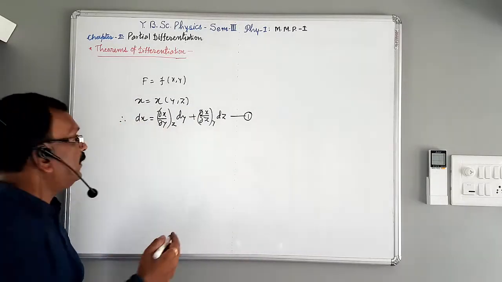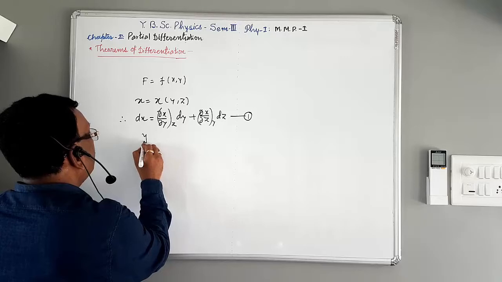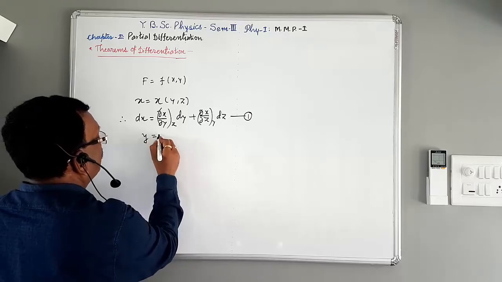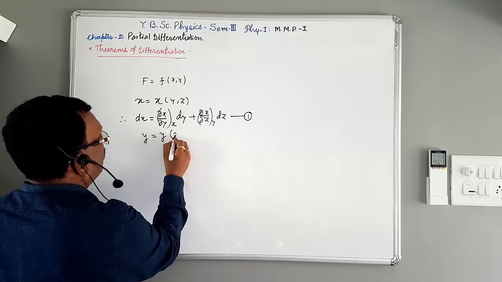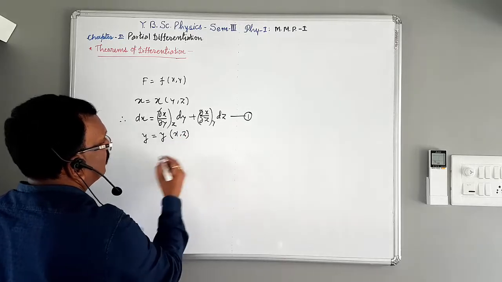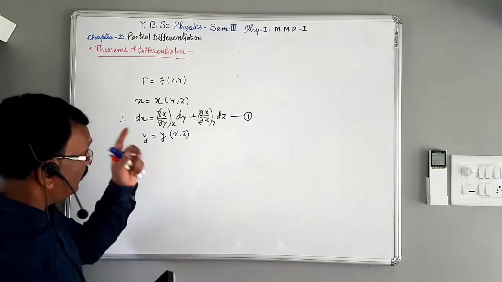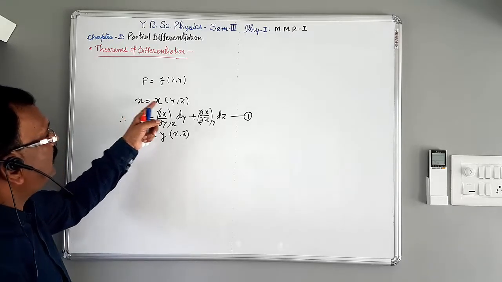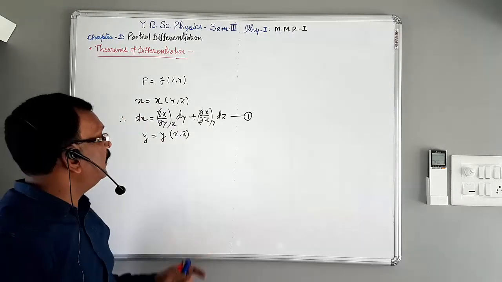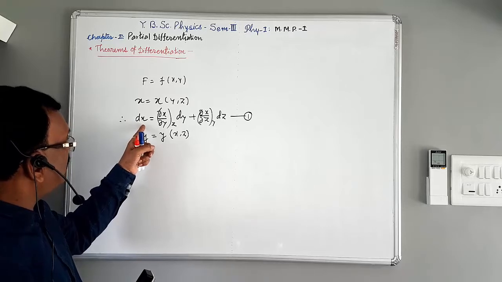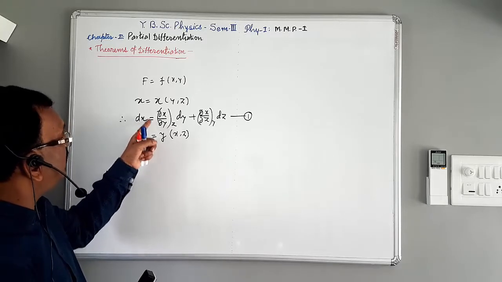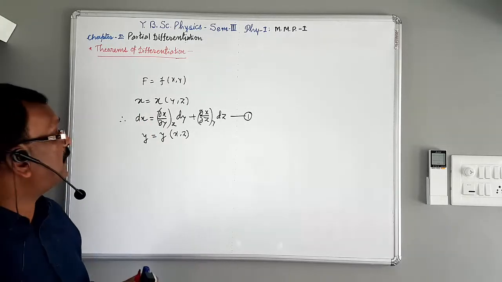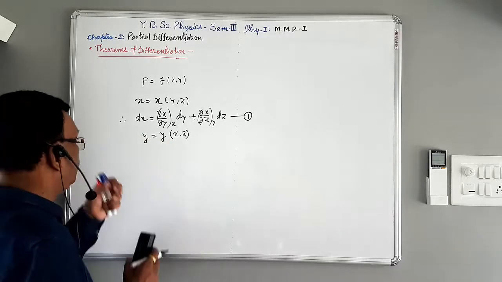Now again we can imagine that y is a function of x and z. Remember that. I am going to repeat once again. Here we imagined that x is a function of y and z, and this is the differential equation of this function.